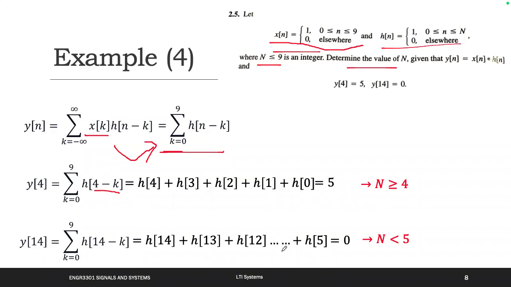If an integer number is greater than or equal to 4 and smaller than 5, and this number should be a positive integer, what's the value for this one?